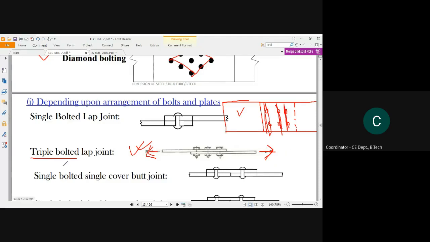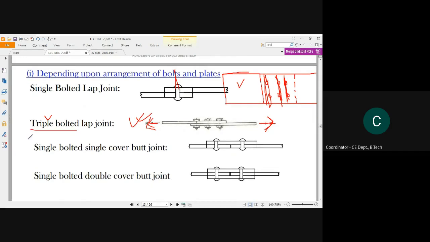That is why this is called triple bolted, and in those places the series of bolting is single. Okay. So now the next one is C, single bolted.